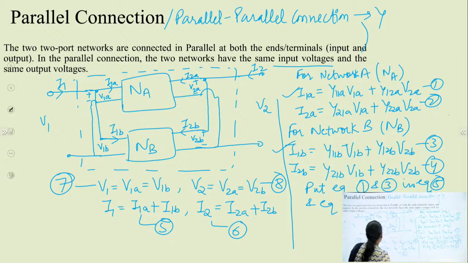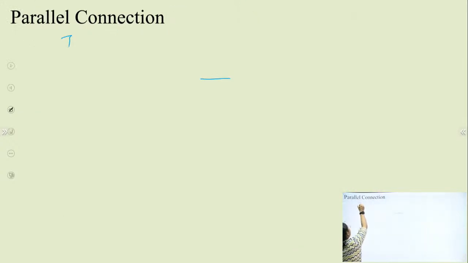So here this I1 will be equal to I1A plus I1B, okay. So I1 is the input current of the main network in which the two networks are connected in parallel, right. So I1 will be equal to I1A plus I1B.